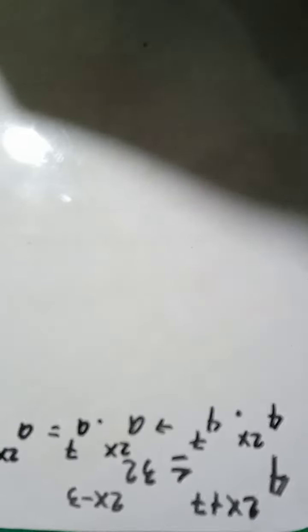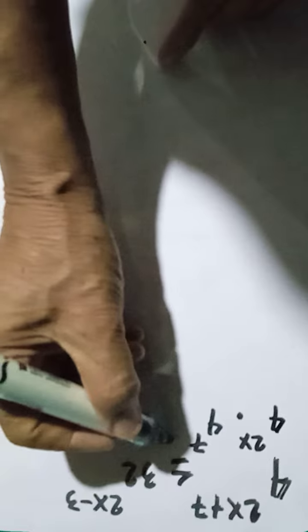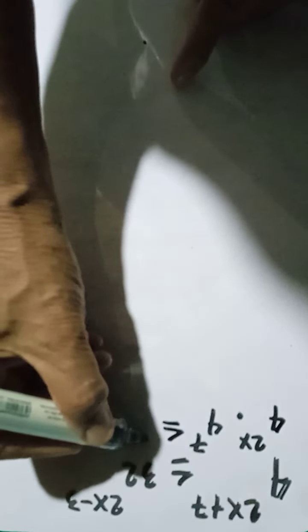So as we continue, also on the other side of the inequality, we will also transform the 32. So we have 32 raised to 2x, and since it is negative, that is over 32 raised to 3.